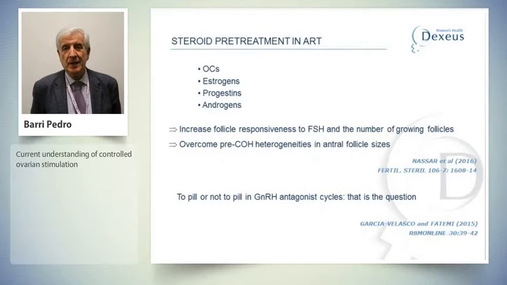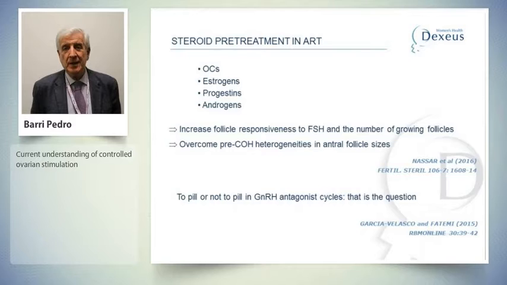Another issue for discussion is the steroid pretreatment in ART, and this can be accomplished by giving these patients OCs, estrogens, progestins, and androgens. The use of OCs or estrogens is mainly based on the comfort of programming the cycles.